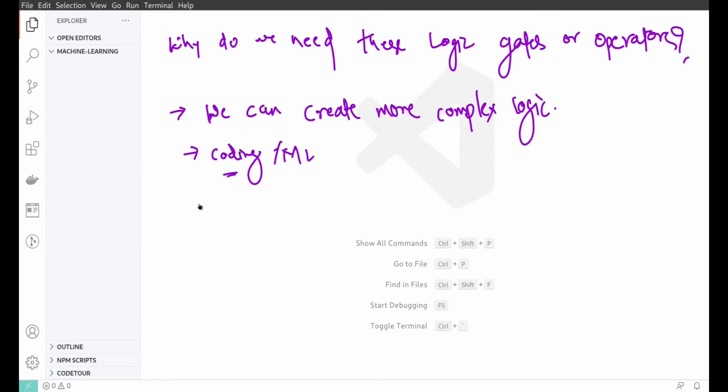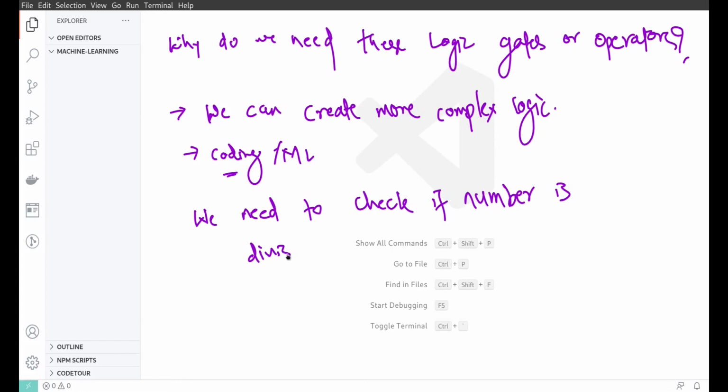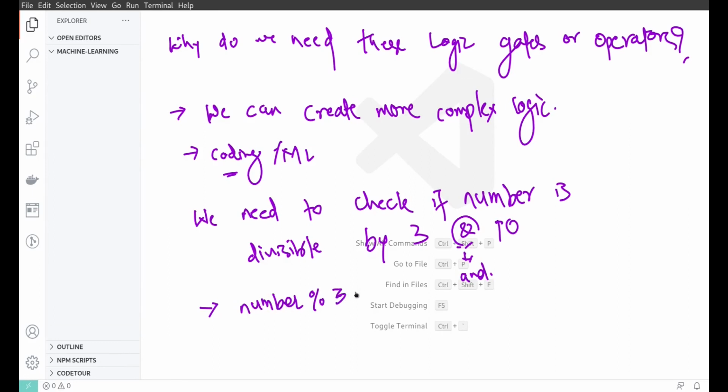So let us see one example in coding. Suppose we need to check if a number is divisible by 3 and 10. In this case we are using the AND operator. To write this in code, the first logic is the number should be divisible by 3. So we take the modulus of the number with 3, and if it is 0, that is, the remainder when the number is divided by 3 is 0, then it is divisible by 3.